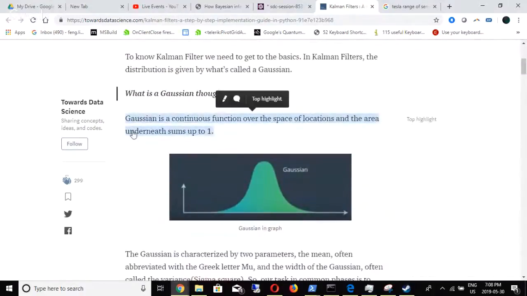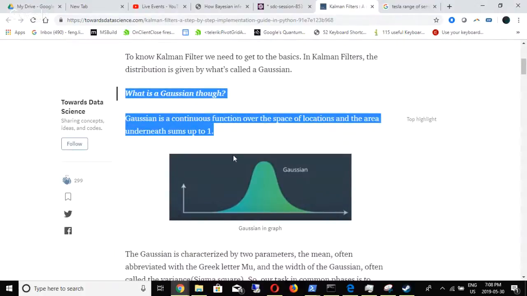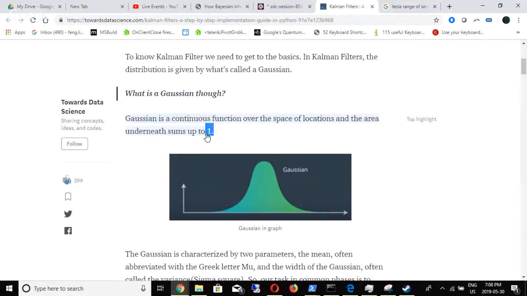Okay, so to sum up what a Gaussian is: a Gaussian is a continuous function over the space of location, and the area underneath sums up to one, one being the full probability. You can think of things over here as having very low probability, and something in the middle has very high probability.